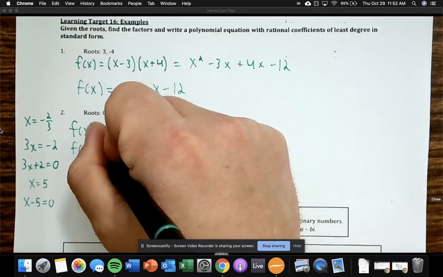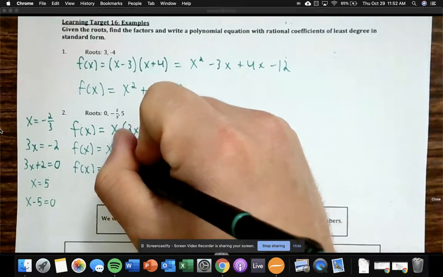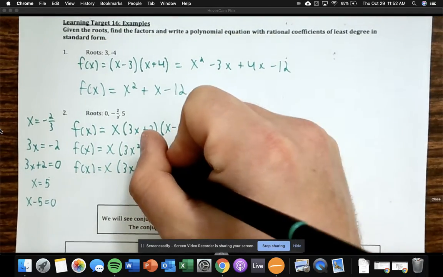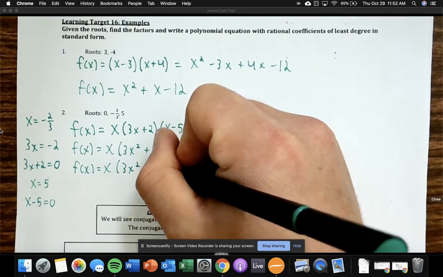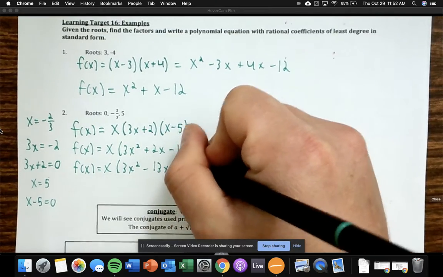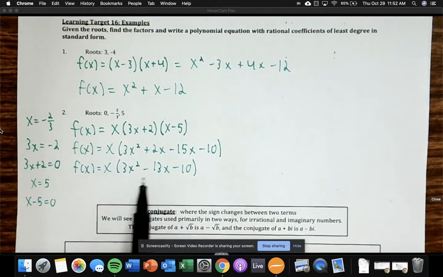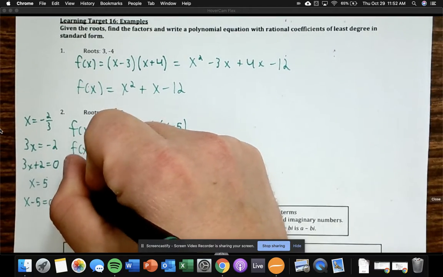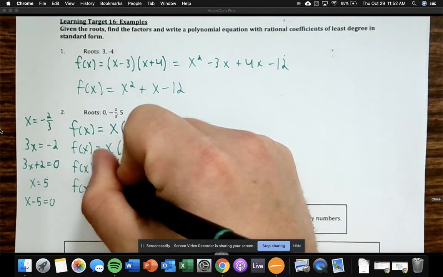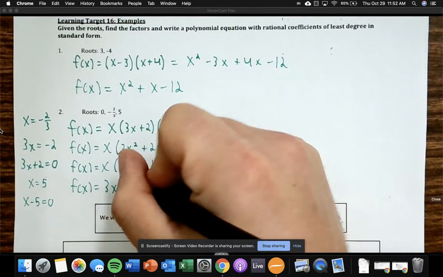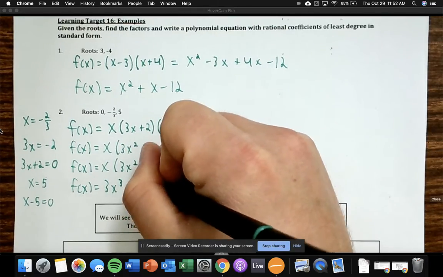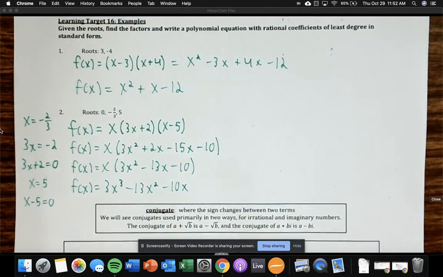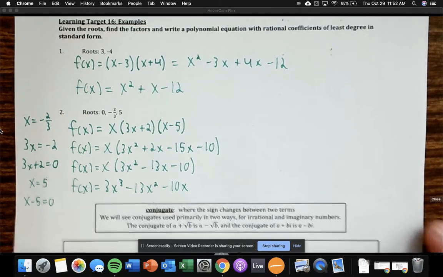We get x times 3x squared minus 13x minus 10. Then all we have to do is distribute this x into the problem. So we get f of x is equal to 3x cubed minus 13x squared minus 10x. Awesome. All right, let's keep going.